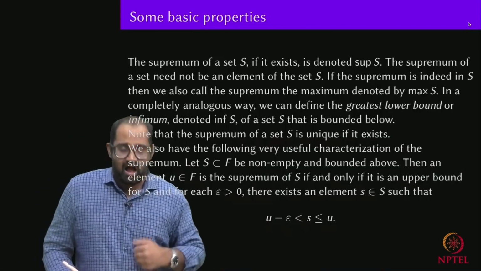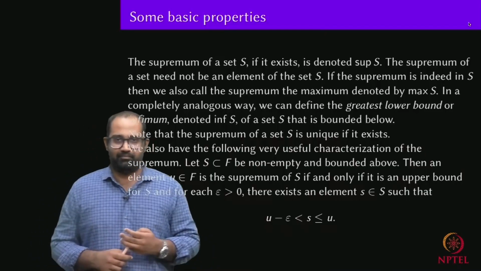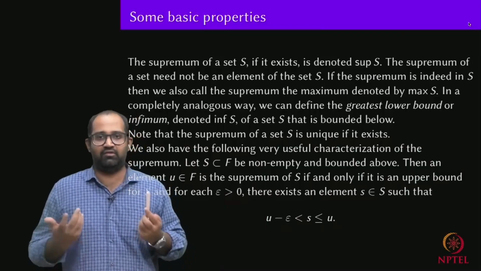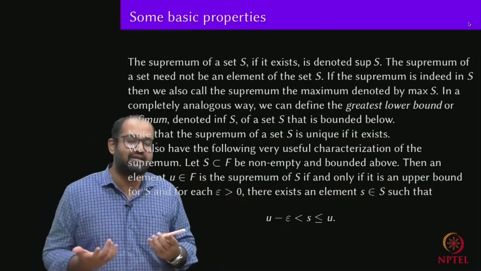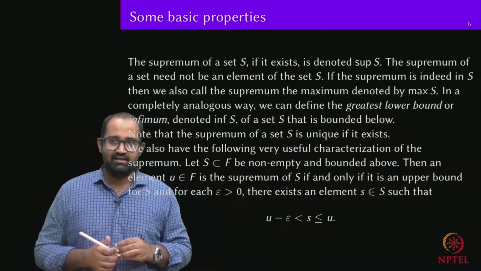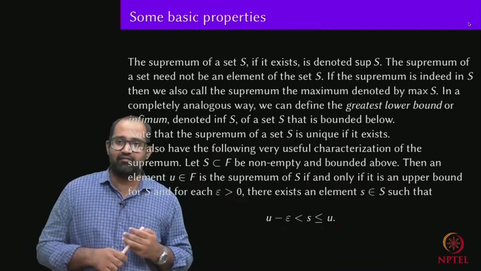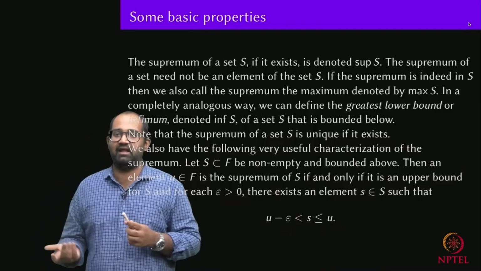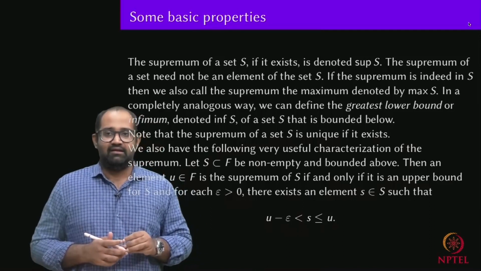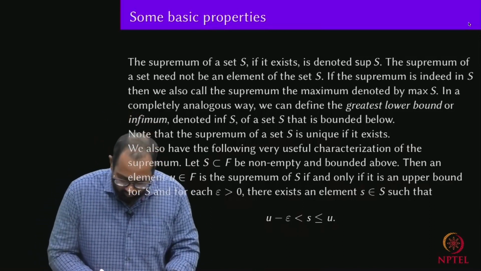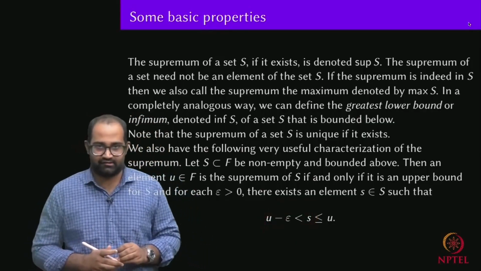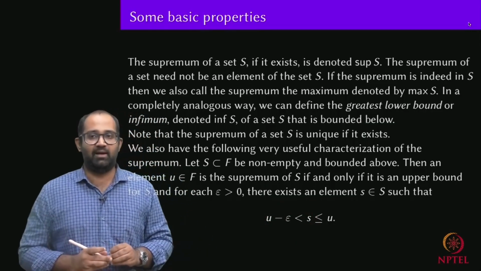Okay. Now start by assuming u is the supremum. Well, we have to show that it is an upper bound. That's obvious because a supremum is the least upper bound, therefore it's an upper bound. And it should also have the property that if you knock out a little bit from it, then there must be an element s that dominates it. Well, why is that the case? Suppose this is not true. There is no element s which dominates u minus epsilon.